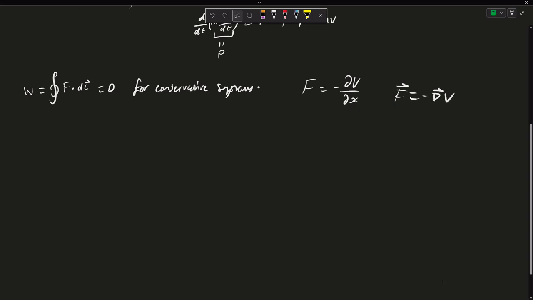Okay, good. So in quantum mechanics, our equation of motion, and we'll put in quotations, of motion, is given by the Schrodinger equation.